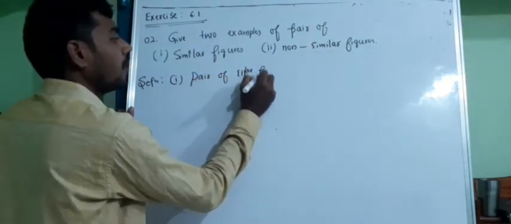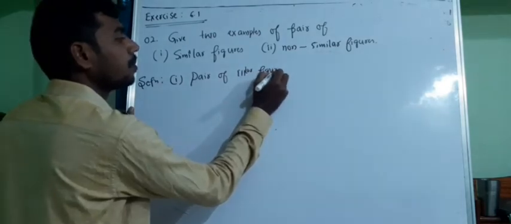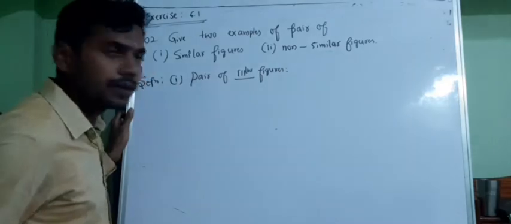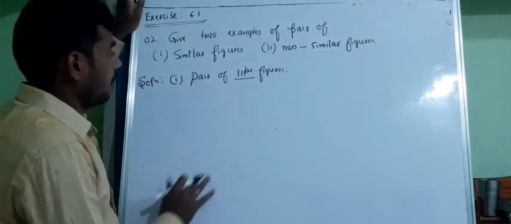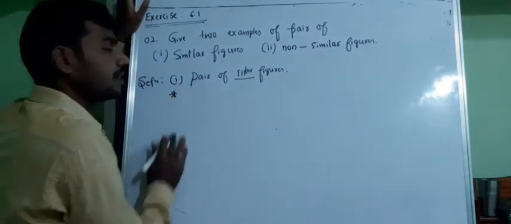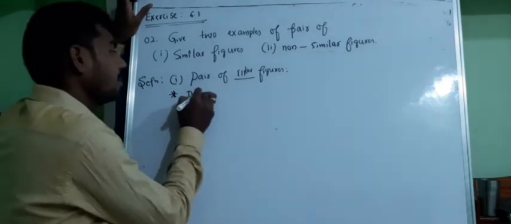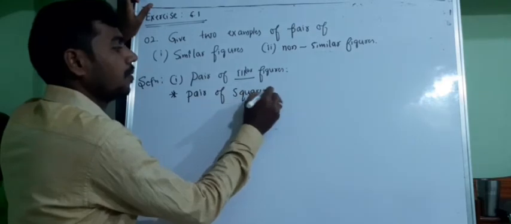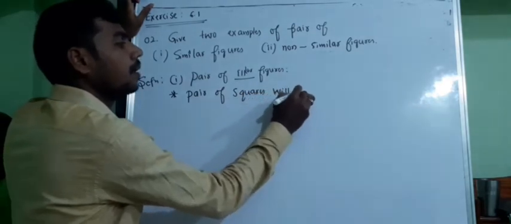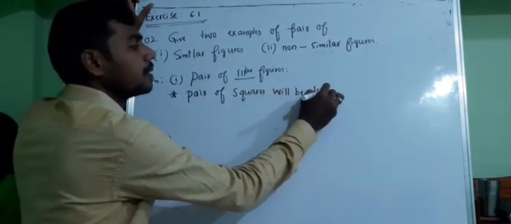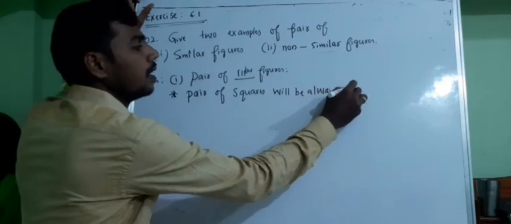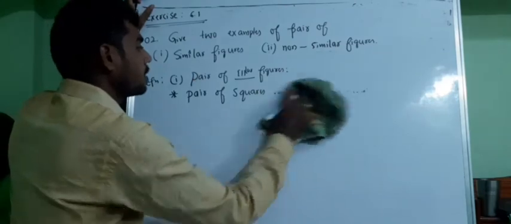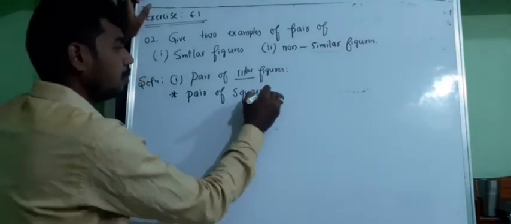Just now we discussed that a pair of squares will always be similar. If they ask us to give examples, we need to give two examples.